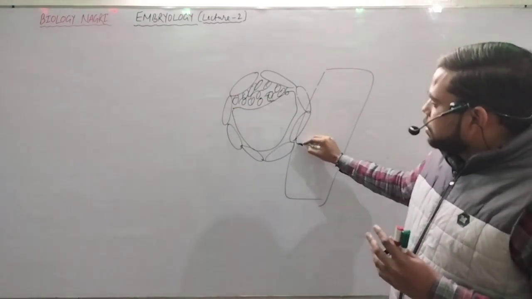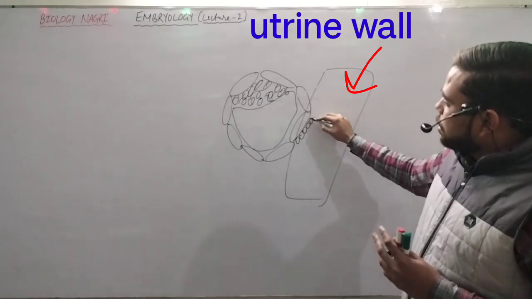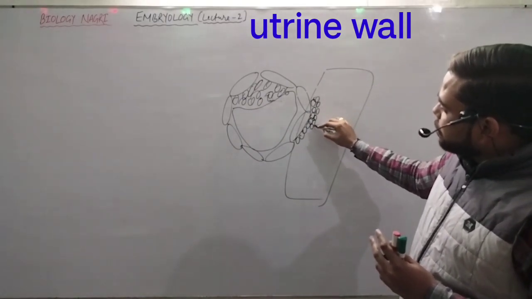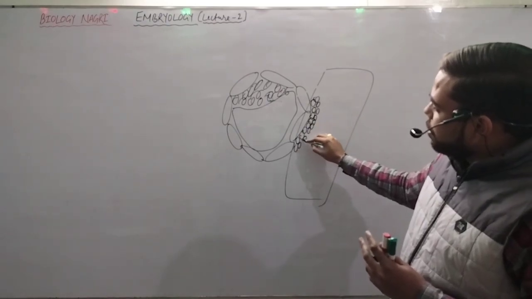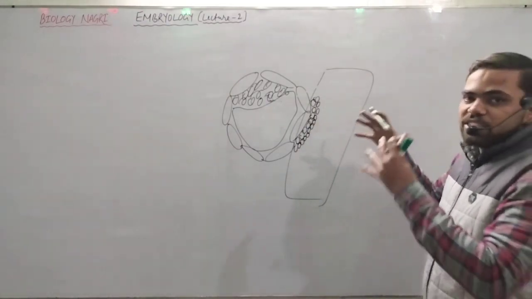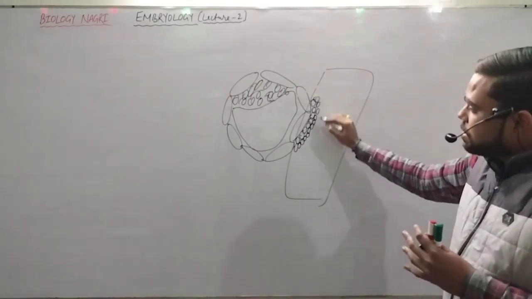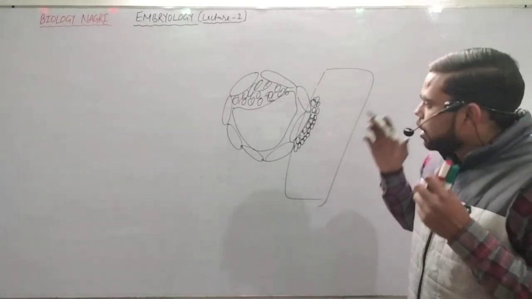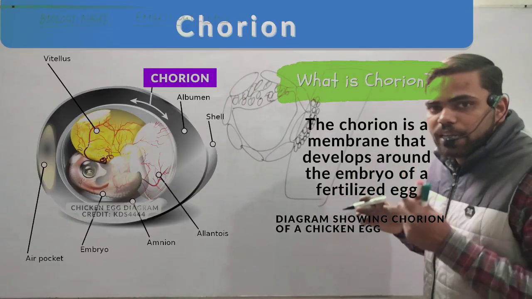Now further, these trophoblasts divide and increase their number inside the walls of the endometrium and make their connection strong. Further, these cells convert into the chorion, the extraembryonic layer.